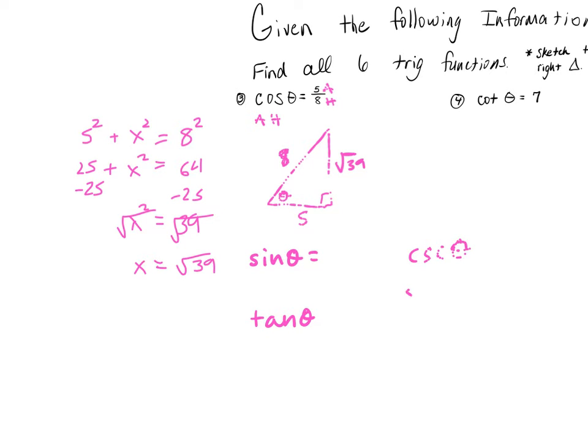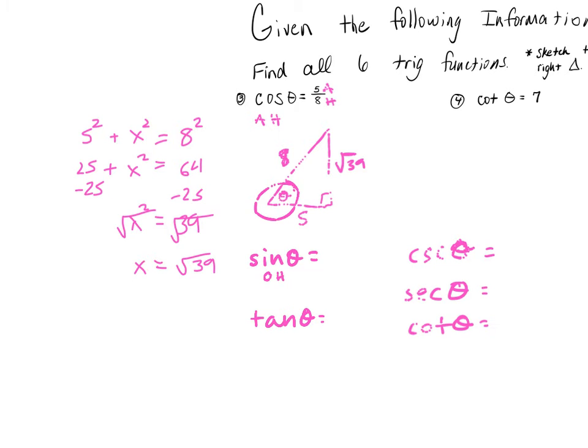So what would our sine be? Sine is opposite over hypotenuse. So what's opposite to our theta here? Square root of 39 over 8. Do we need to simplify that? Nope, it's already simplified.